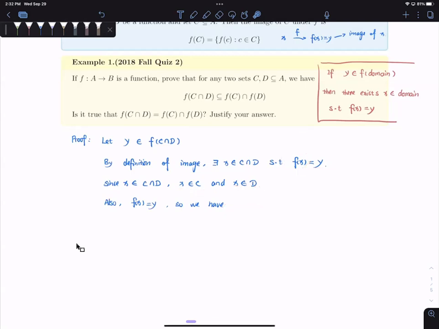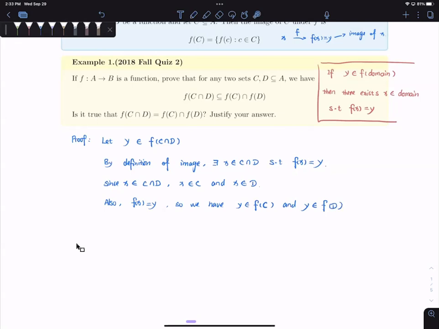It is in f of C and f of D. You need to put them in functions, right? Does that make sense? So we have f of x is y, so y is in f of C and y is in f of D.